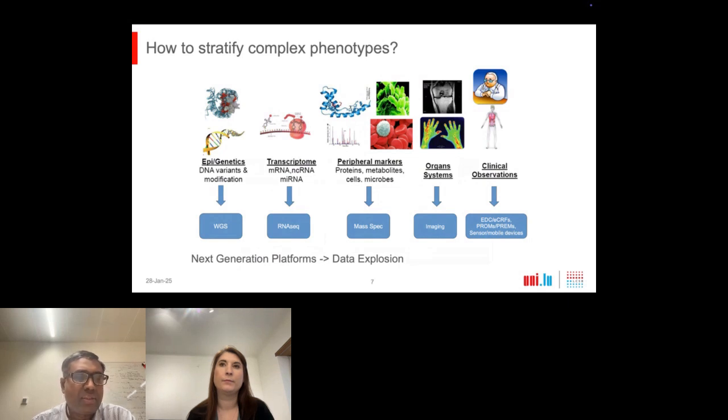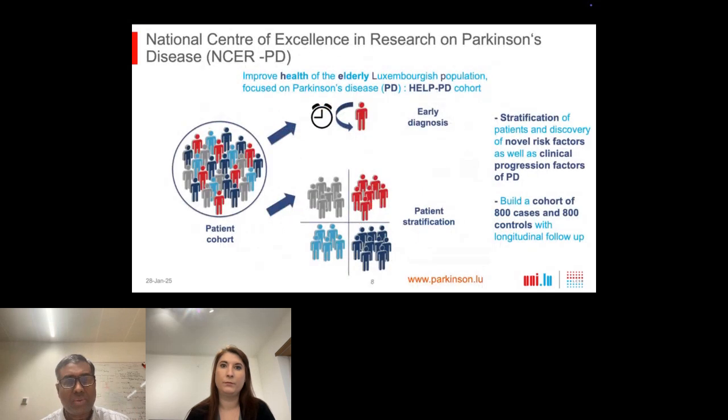The other one is genetics or epigenetics using whole genome sequencing or exome sequencing. With the next generation platforms, we have seen a data explosion.